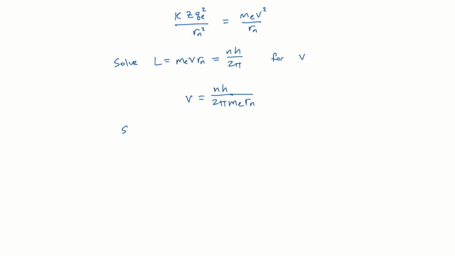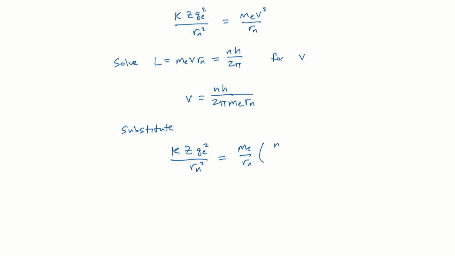Okay, now we're going to substitute that for V in our equation above. So we have K Z Q sub E squared over R sub n squared. This is equal to M sub E over R sub n, and now we have V squared.